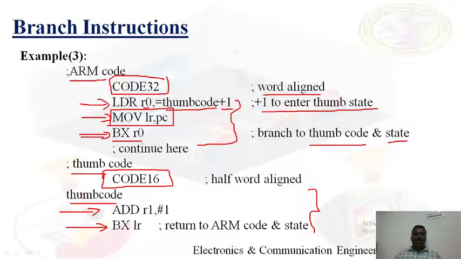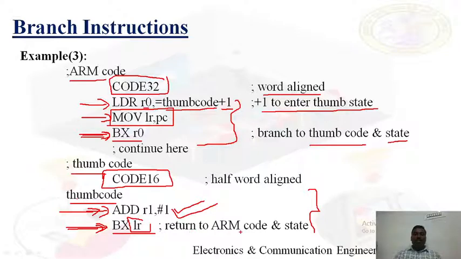So it is nothing but the address of the first instruction, that is ADD R1, #1. Assume that in the Thumb code there is only one instruction, ADD R1, #1. Then after this instruction, we have used BX LR. LR is the address we stored, nothing but the address of the instruction after the BX.